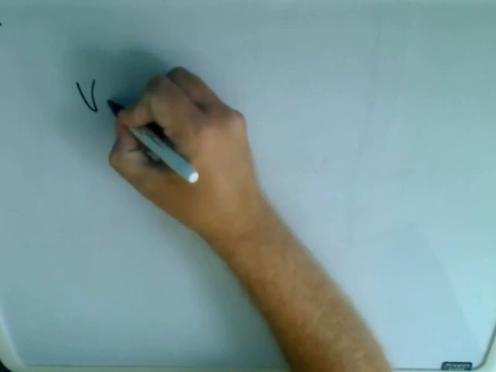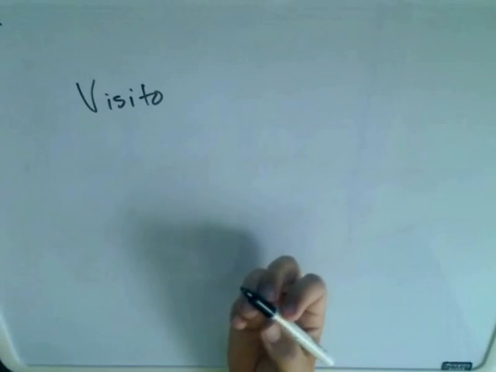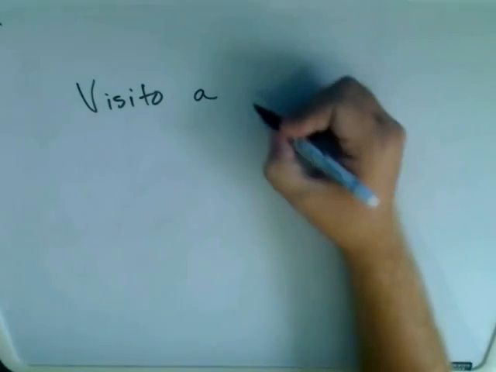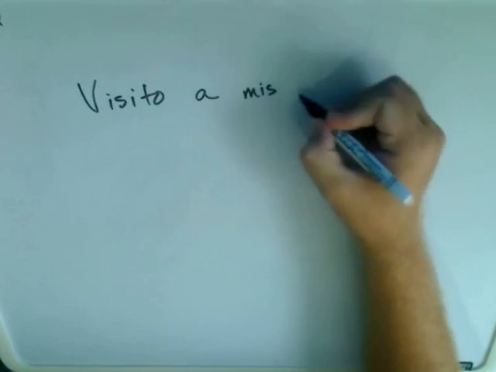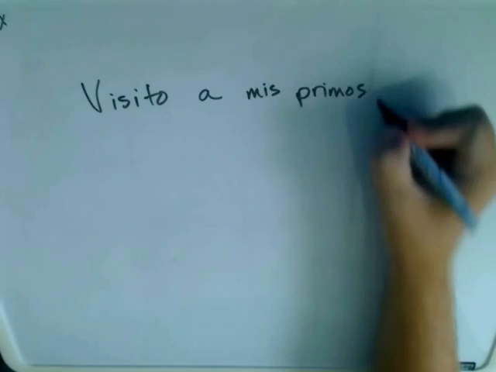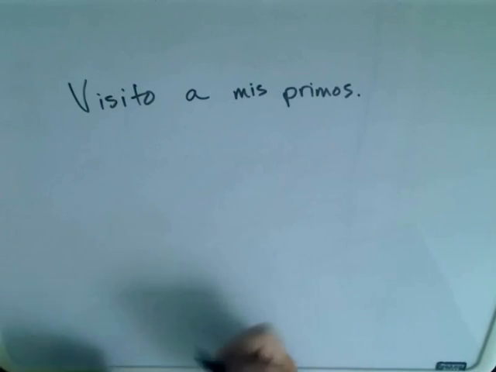For example, if I want to say, "I visit my cousins," I have my subject and my verb all wrapped into one, yo visito. Then I have to insert the a personal, a, and then I say, mis primos. Visito a mis primos. Yo visito a mis primos.